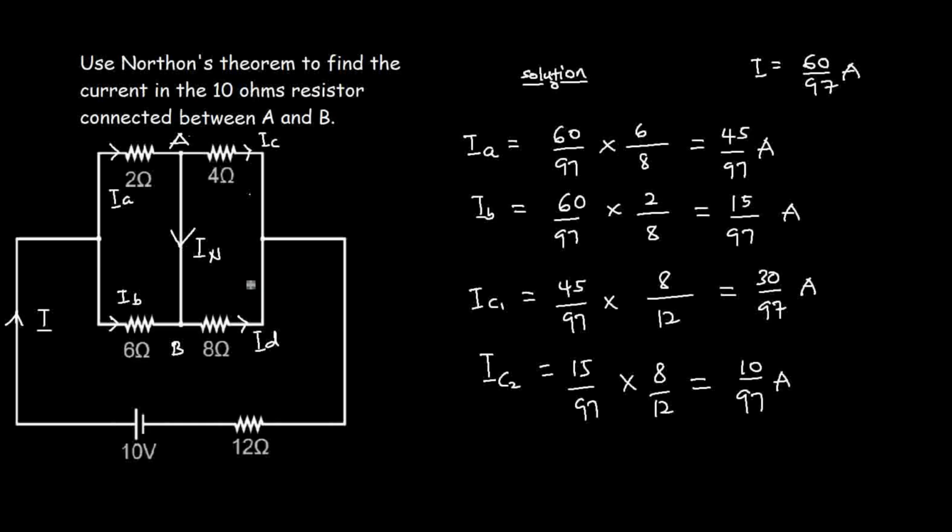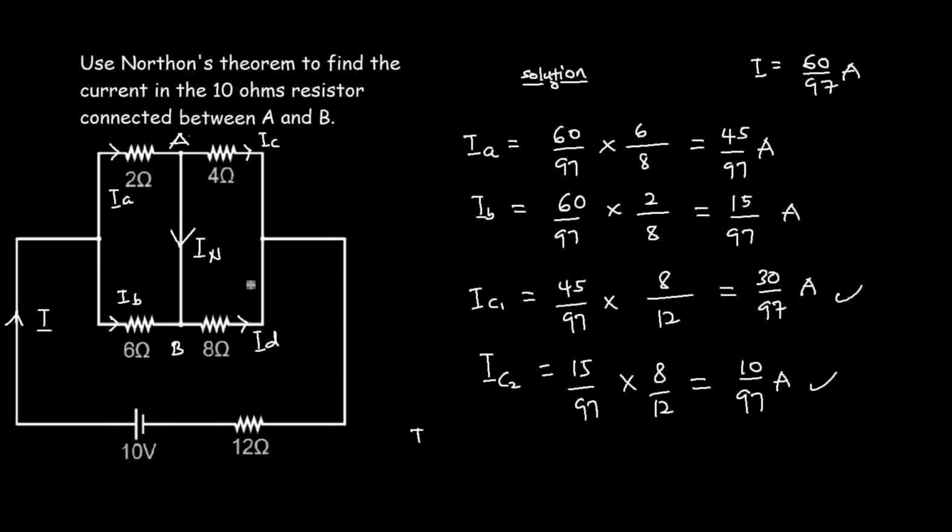So at the end, we have to calculate the total current flowing through the 4 ohms resistor, which is IC. So let's look at how you are going to do that. Now we have IC, the current flowing through the 4 ohms resistor, to be the sum of these two values, IC1 and IC2.